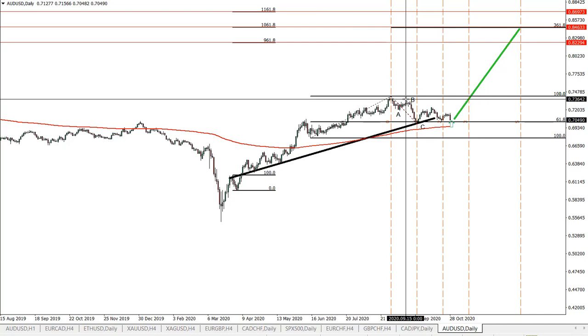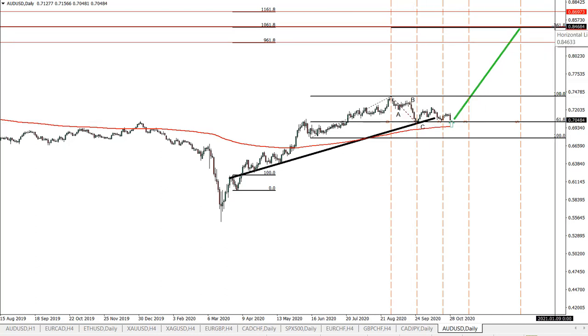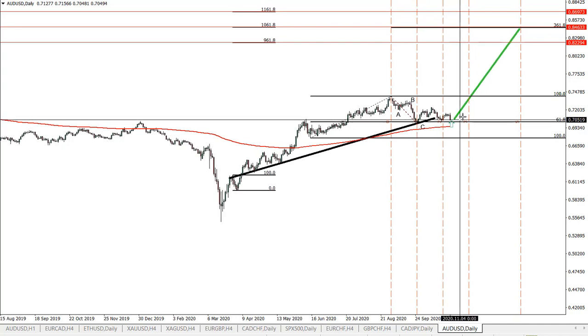I have applied another fibs here, which shows that 361 corresponds to 1061.8 fibs. So this could be the key resistance, which is at 0.8457. And if we just calculate how much it's going to take, this is a 1,400 pips move for the Australian versus dollar. This is huge, obviously long term.